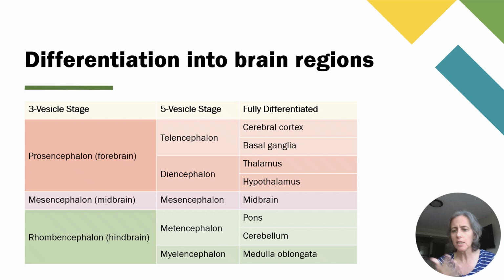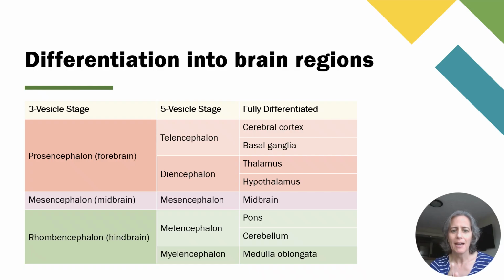The mesencephalon just stays the midbrain. And then the rhombencephalon, or the hindbrain, becomes the pons, the cerebellum, and the medulla oblongata. Now this is interesting because we're organizing it based on which bubble of the neural tube it developed from. But if you're thinking to what you learned in anatomy and physiology or human biology, you're like, wait, there's cerebrum, cerebellum, and brainstem.